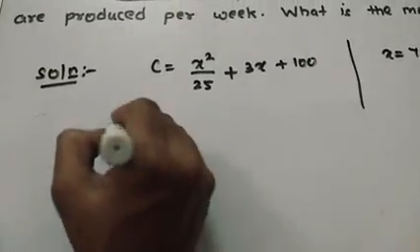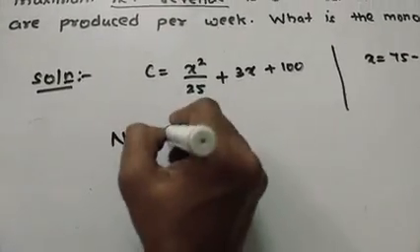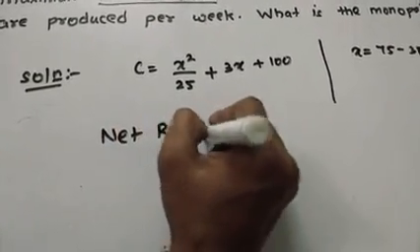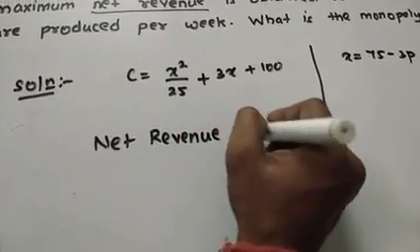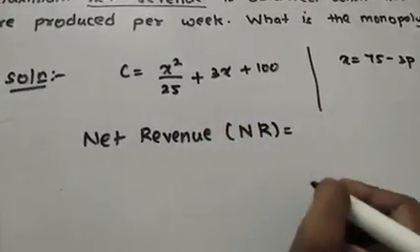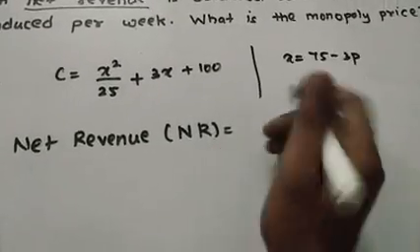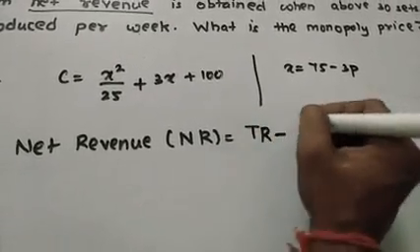Now net revenue is denoted by NR. The formula is total revenue minus total cost.